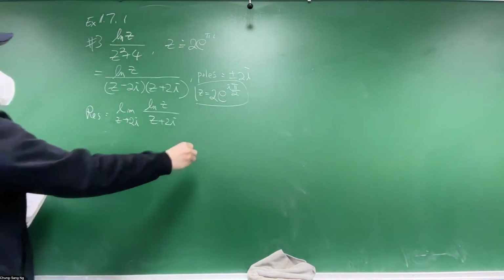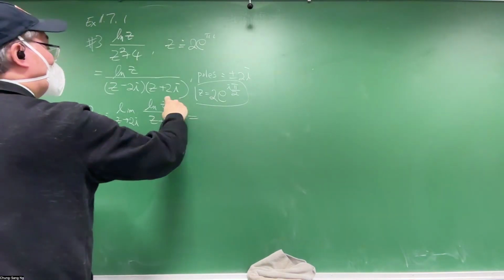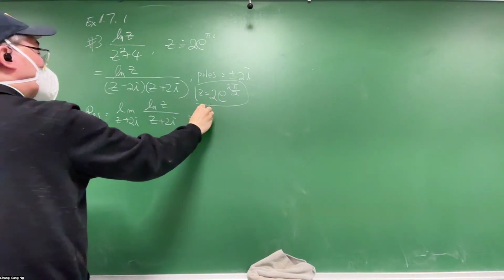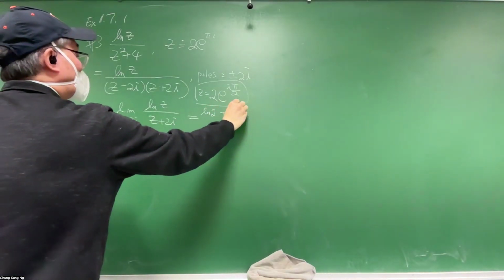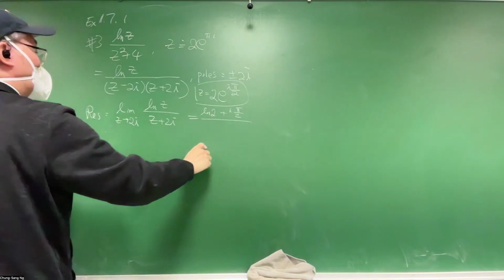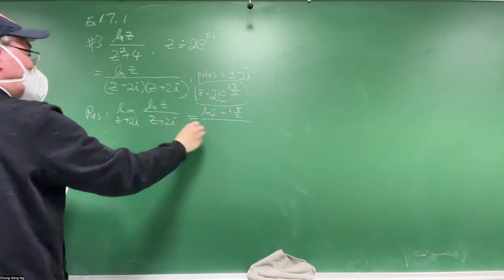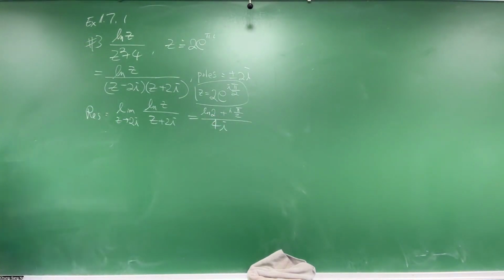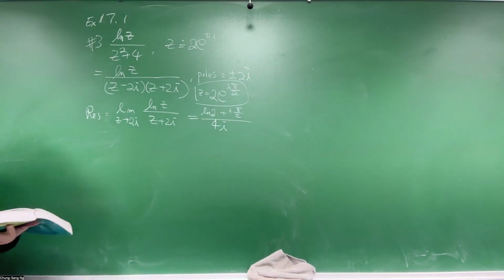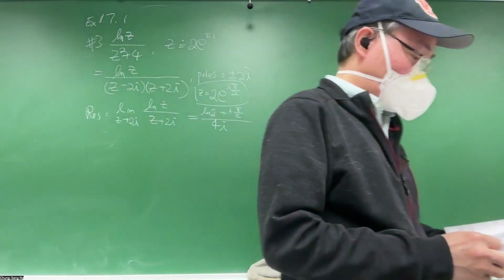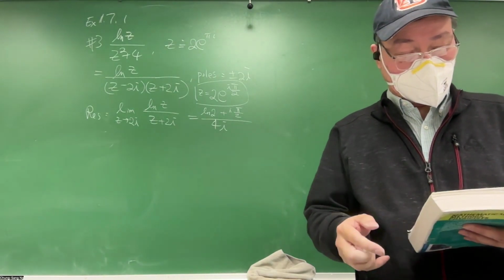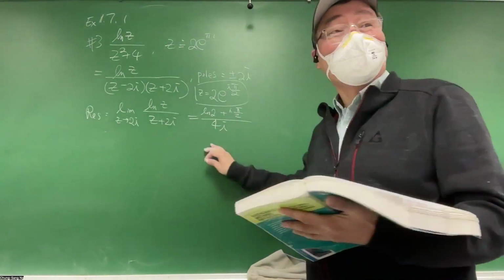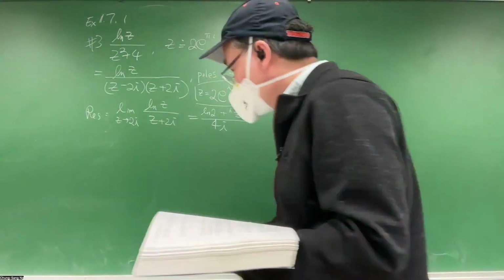And you should substitute this in here, and it becomes log 2 plus i pi over 2, over 4i. Right? So that's straightforward. Okay, it's okay for this one. Yes, very straightforward.